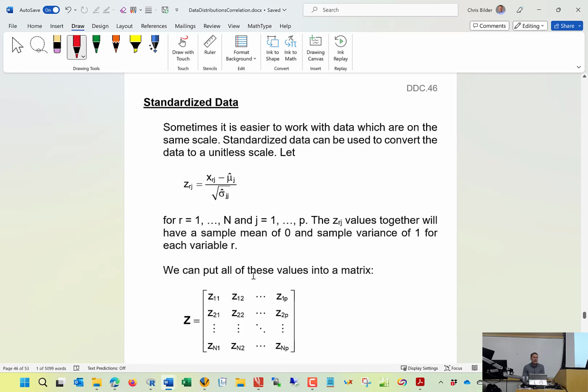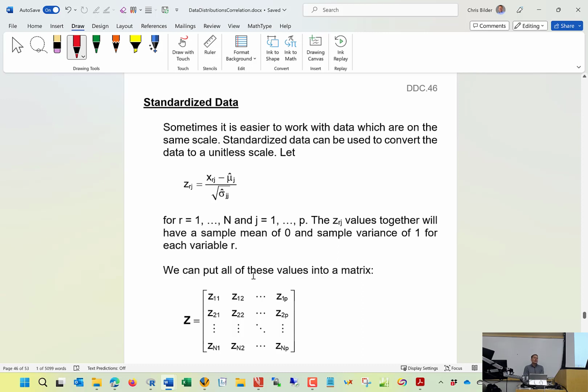Now, there will be multiple times during the semester where we want to work with what's called standardized data. And you've probably seen this in a Stat 801 kind of course before. But the basic idea of standardized data is that you convert the data to a unitless scale.